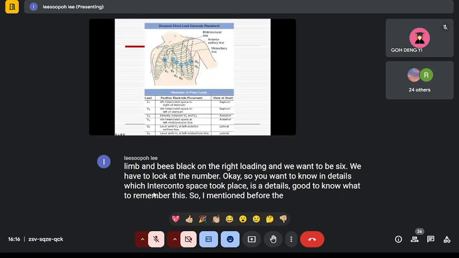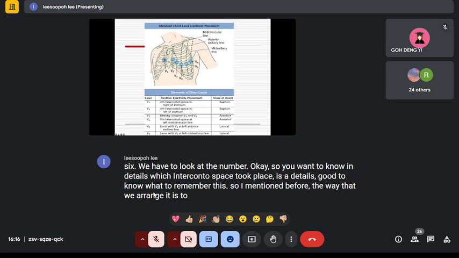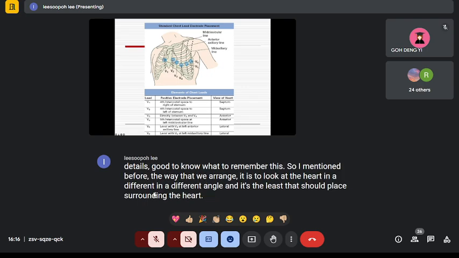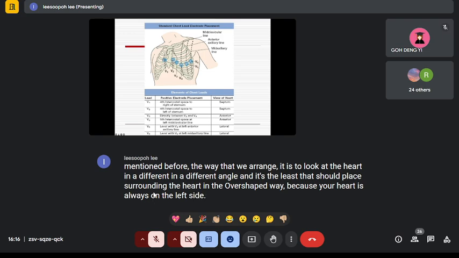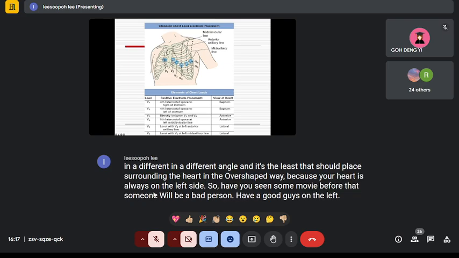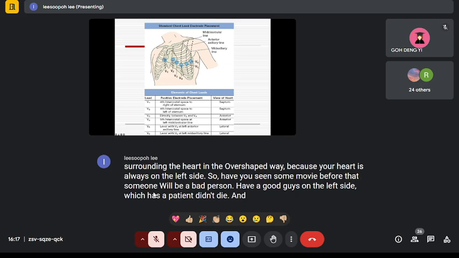As I mentioned before, the way that we arrange it is to look at the heart from different angles, and the leads are placed surrounding the heart in an oval shape, because your heart is always on the left side. Have you seen some movie where a bad person stabs a good guy on the left side of the chest, but the patient didn't die? Any idea what happened?